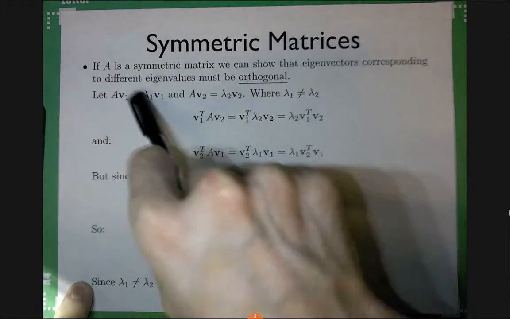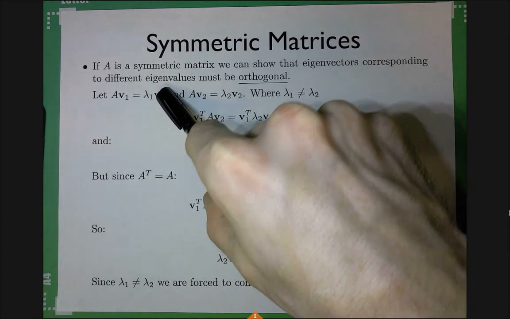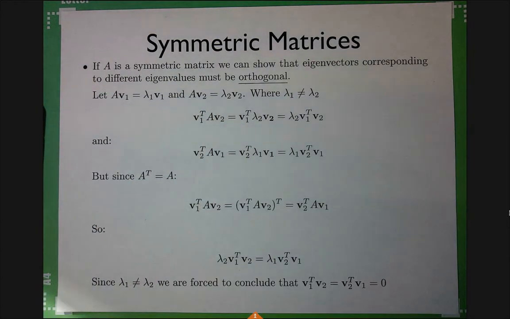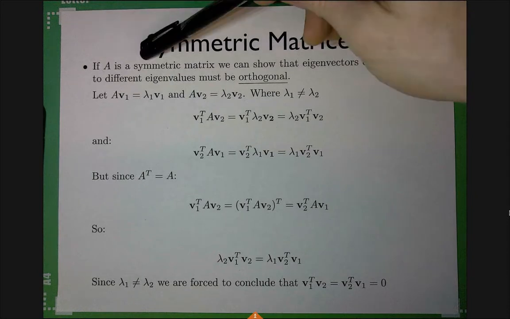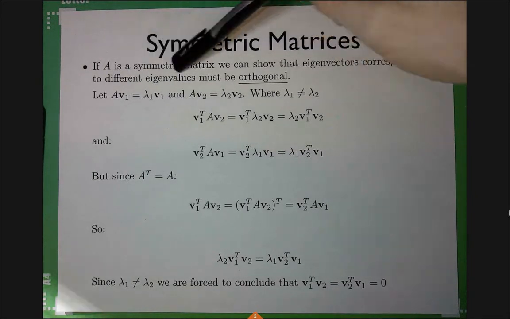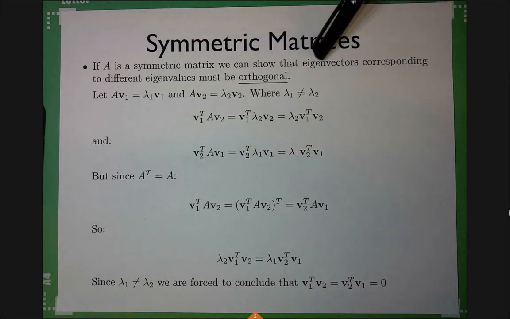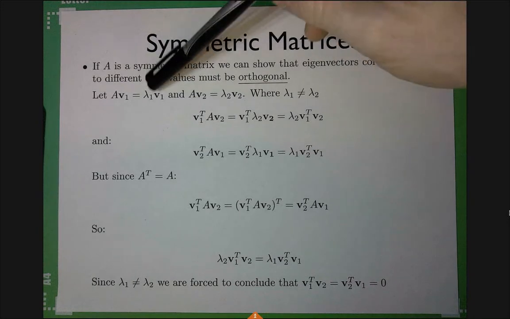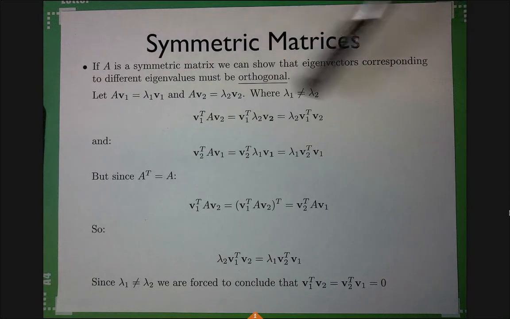We had a similar statement before, right? It's always very good to think about all these claims or theorems and how they relate to each other. So before, we had a general matrix and we had eigenvectors corresponding to different eigenvalues, and we said that they are what?